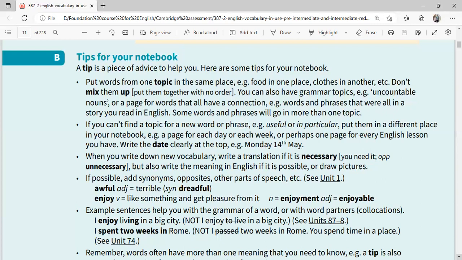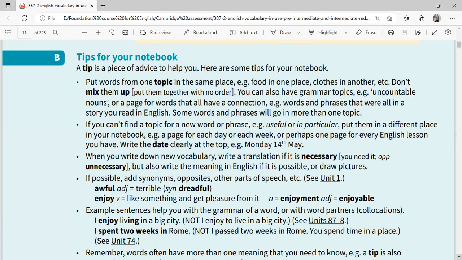Number 2: If you can't find a topic for a new word or phrase, put them in different places in your notebook. For example, a page for every day or each week, or perhaps one page for every English lesson you have.